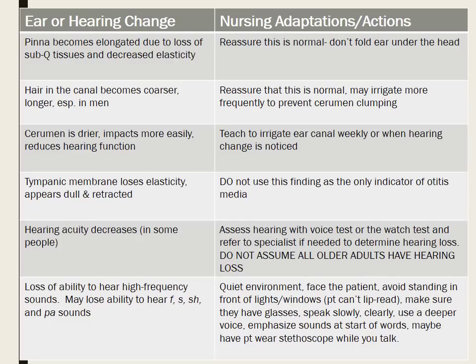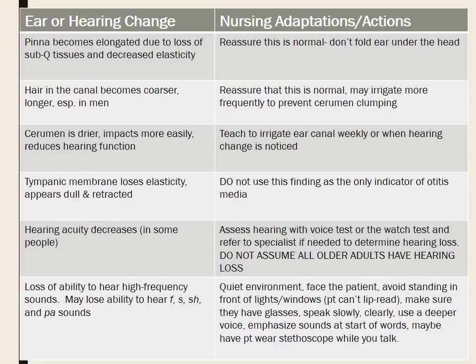As we get older, there are ear and hearing changes that happen. With that come these nursing adaptations, implications for care when we're talking about older patients who maybe have some of these changes. Some of them are harmless and some can threaten their ability to hear.